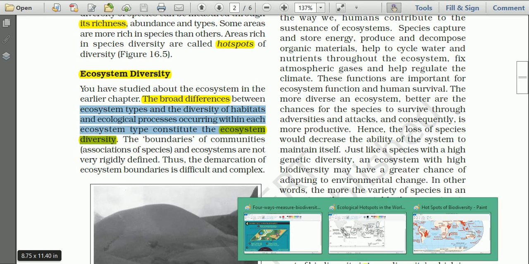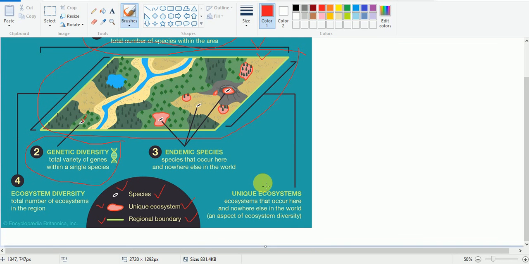Just see here, ecosystem diversity is given here. This is an area on the earth surface, and how many ecosystems are there in this area is given here. See, ecosystem diversity refers to the total number of ecosystems in the region. So in this particular region, how many ecosystems are there? That is what we call ecosystem diversity.